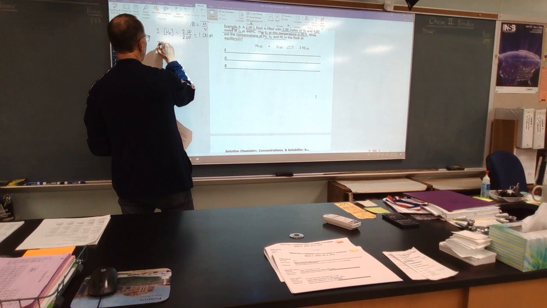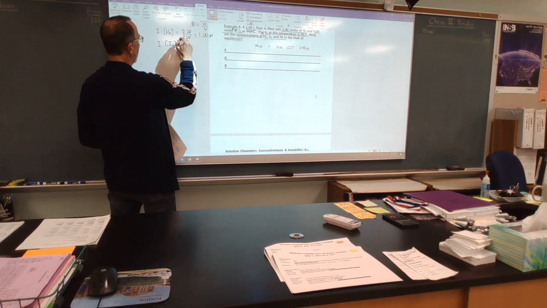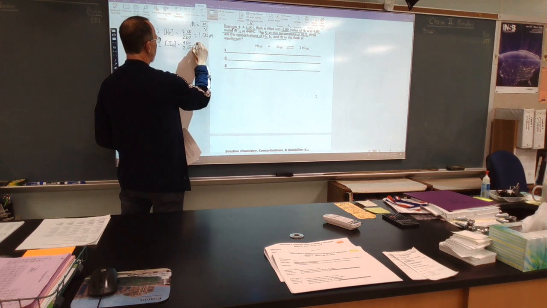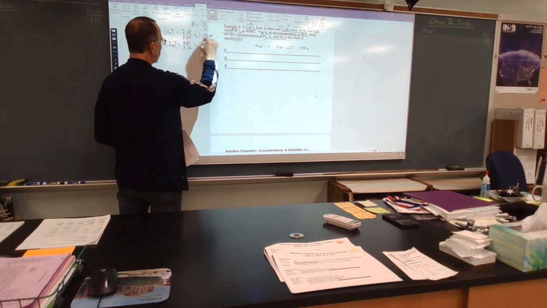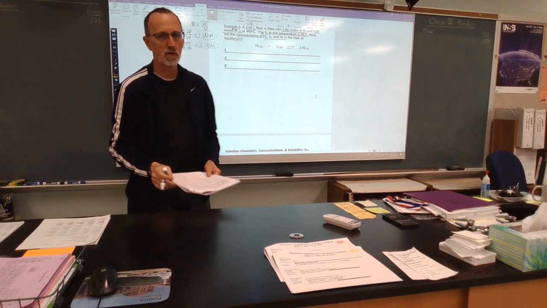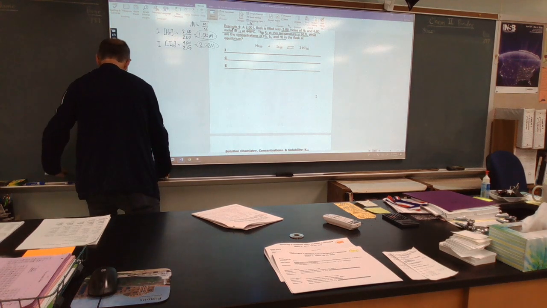And then initially for iodine, our concentration, again, M equals n over V, would be 4.00 moles. Again, our volume's 2.00 liters, 2.00 molar. So those are going to be the initial concentrations of our reactants.